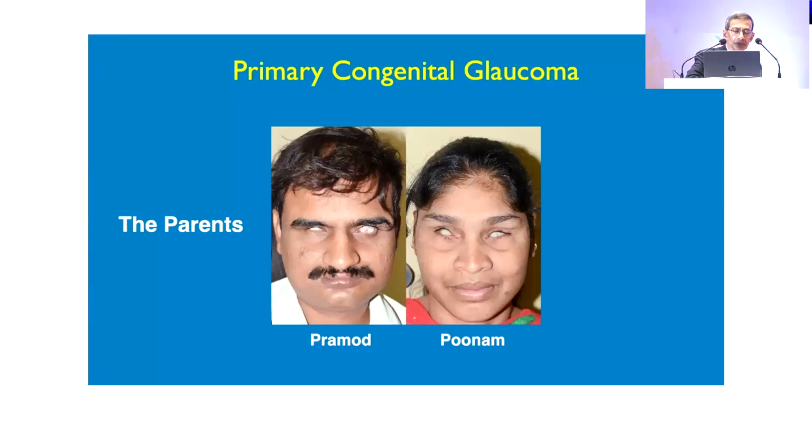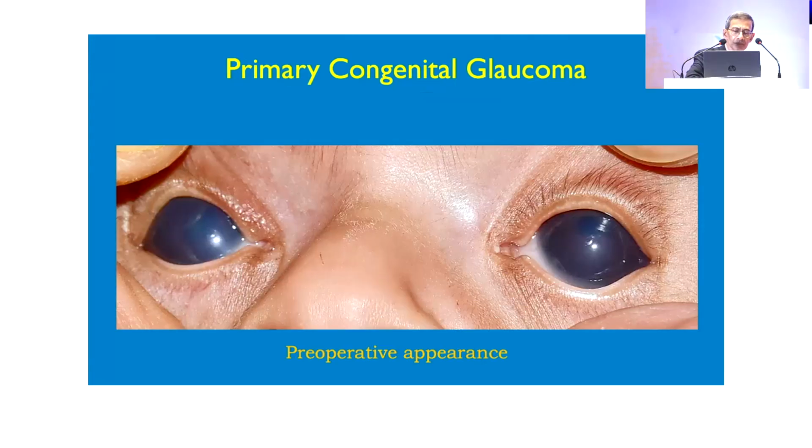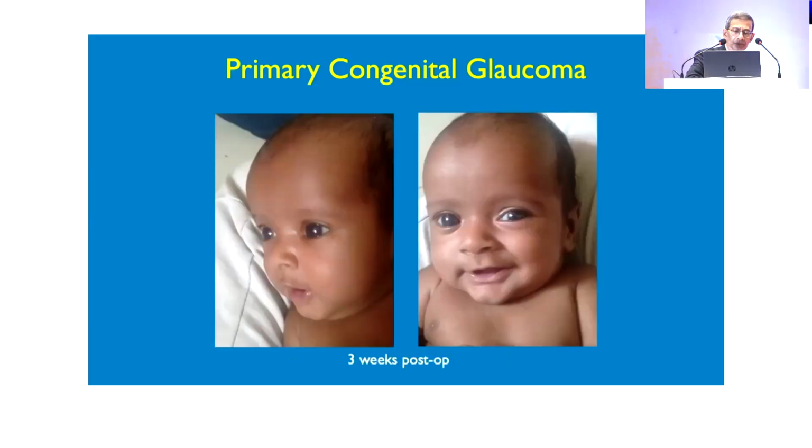Congenital glaucoma. Simultaneous bilateral primary combined trabeculotomy and trabeculectomy was performed on this baby at the age of 3 weeks, when the body weight of the baby was 1200 grams. Compare and contrast the preoperative and the 3 weeks postoperative appearance of the baby.